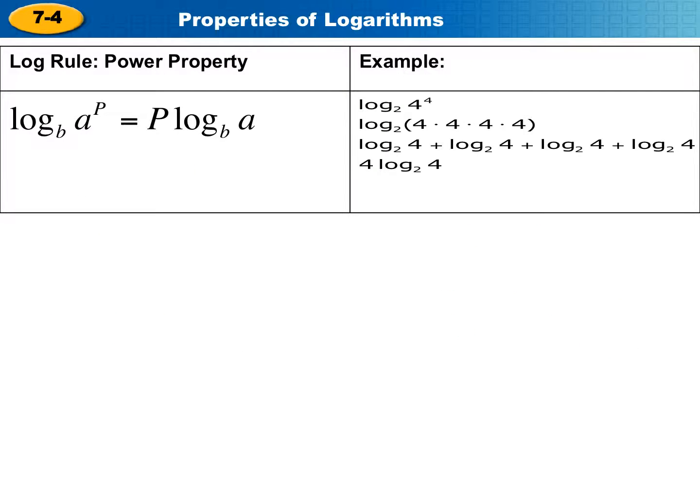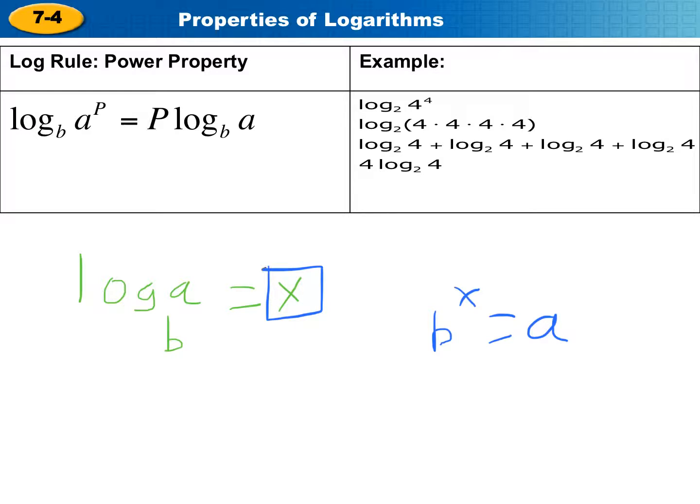Okay, our next example, I'm going to go back to one of the first things I talked about when we talked about logarithms, and that was this expression right here. I related it to this, where b was the base, a was the answer, and x was the exponent. So if x is the exponent, that means this entire thing is an exponent.